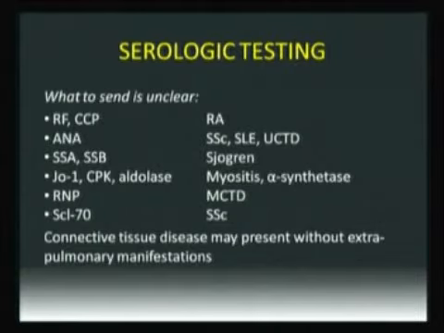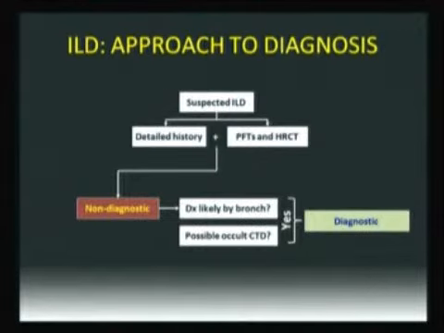Scl-70 for scleroderma. But we know that connective tissue disease may present without extrapulmonary manifestation. So you can be in the presence of a patient with only pulmonary involvement and still have connective tissue disease. And that's a very critical and difficult point that we'll address in the next talk.